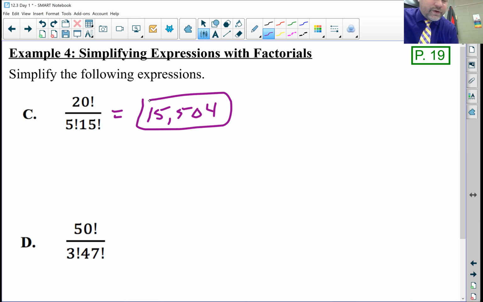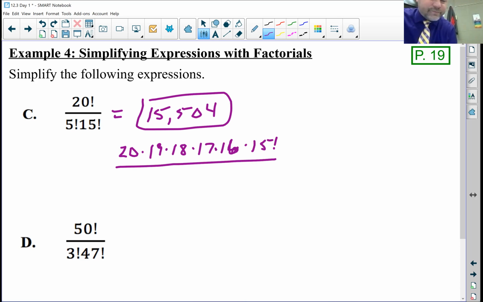If we wrote this out, what I would do is start with 20 factorial and stop at 15. That's the largest factorial in the denominator. And I would write out the 5 factorial. And then what you could do is look at, does anything reduce? Well, 5 times 4 is 20, so that would cancel with the 20.